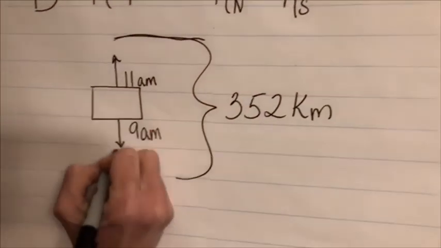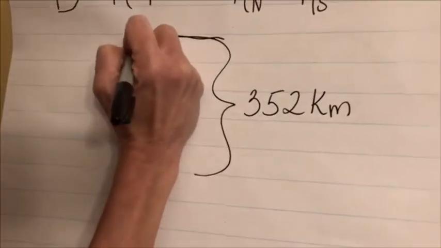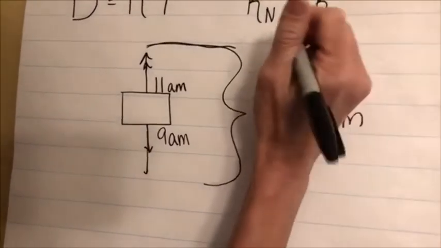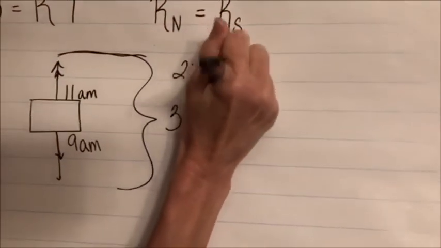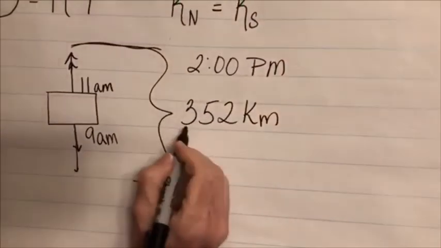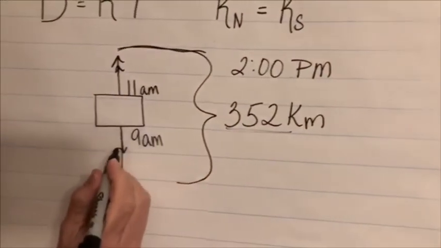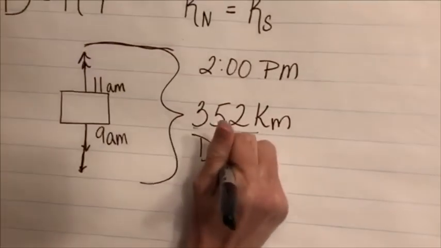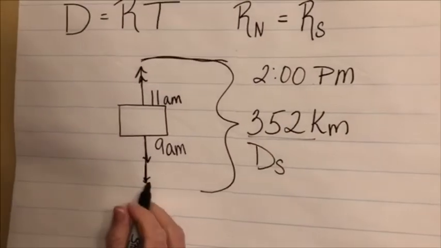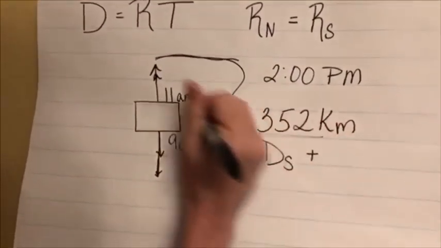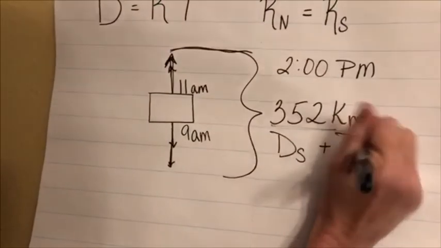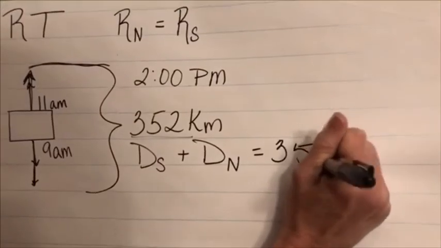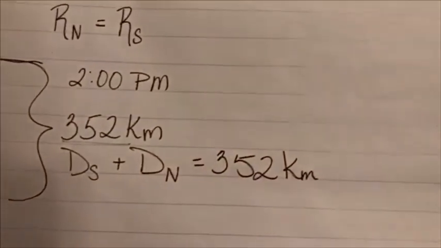Okay, so this guy's traveled, right? And at 2 o'clock p.m., this is their distance. So we know that the distance this bus traveled, we'll call that ds, the distance of the southbound bus, plus this distance, the distance of the northbound bus, equals 352 kilometers.